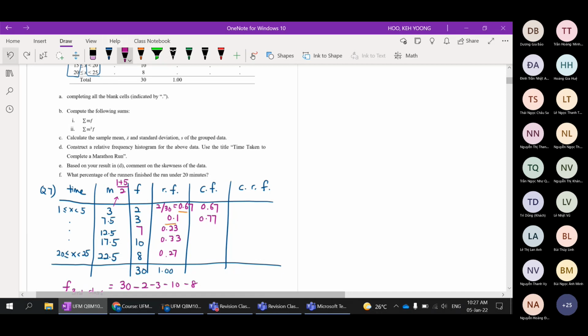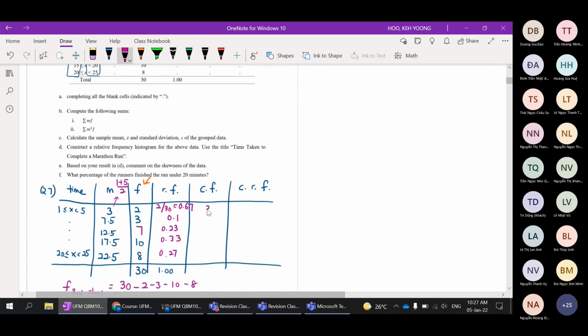We should be adding up the frequency, not the relative frequency. We should be looking at the F column. My bad.